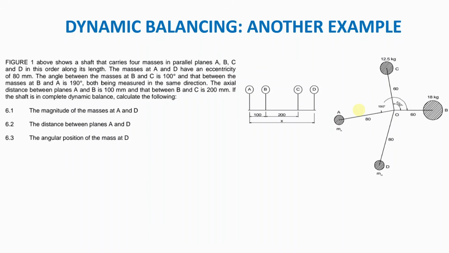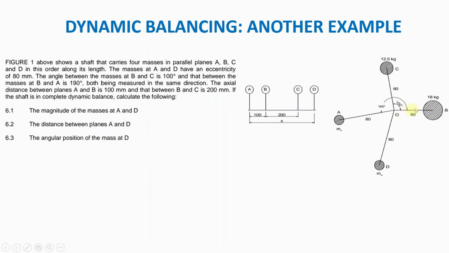Now the angle between the masses B and C is 100 degrees. So this is mass B. Mass B is horizontal. The radial line, we can call it the radial line, between the center of the shaft and the center of mass B is horizontal. You can see that.